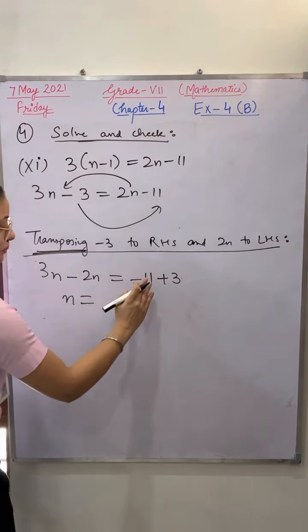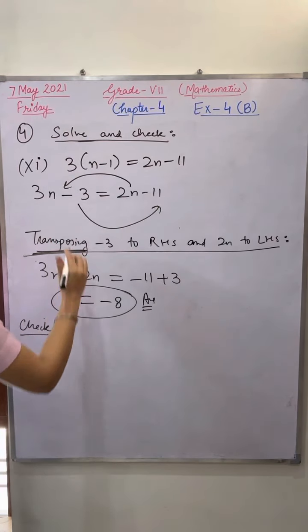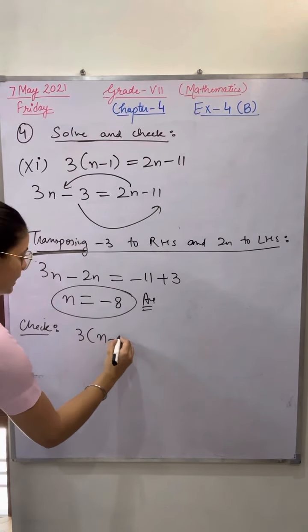Here you don't have to apply multiplication and division, no need. Just take your question: 3 multiplied by n minus 1 is equals to 2n minus 11.